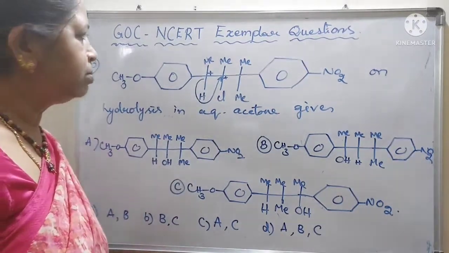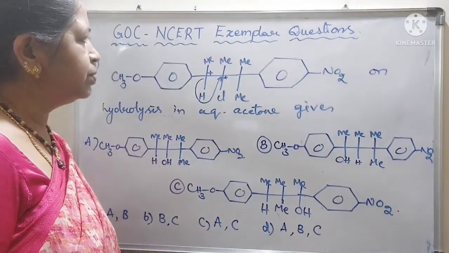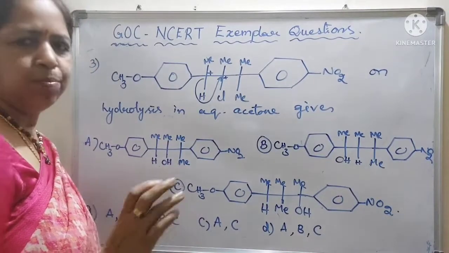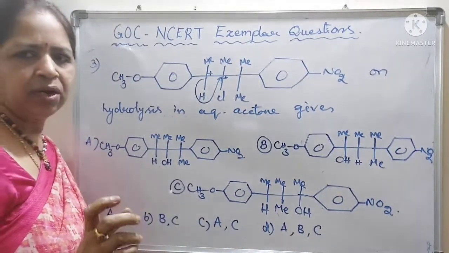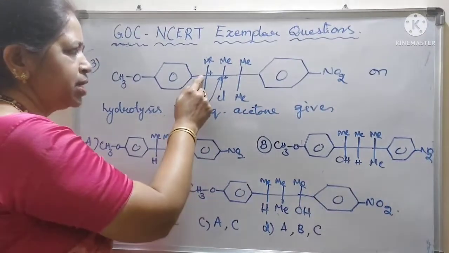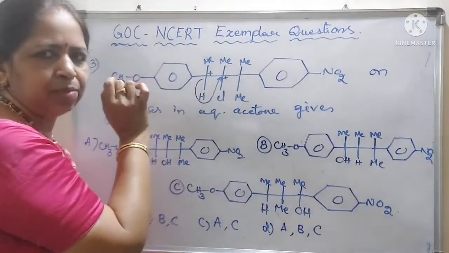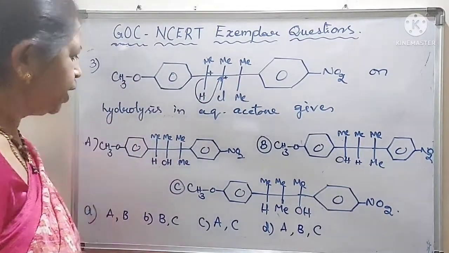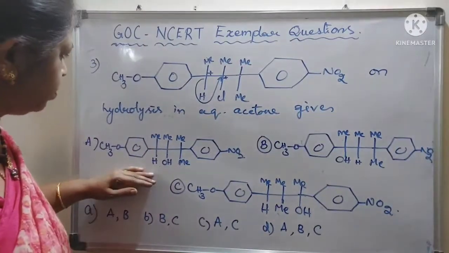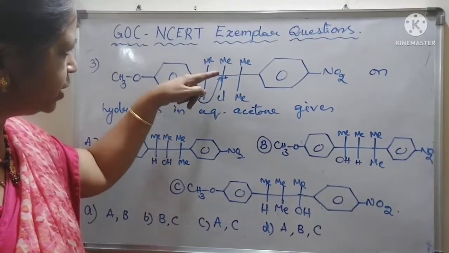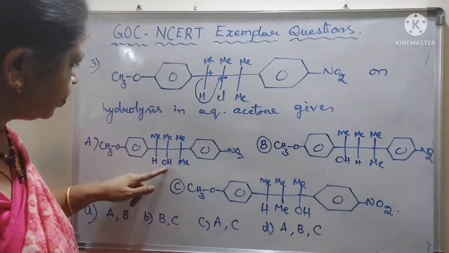So it forms a mixture of compounds in which the hydroxyl group is present at this carbon and also at this carbon. Okay, students. Now here in the first option, hydroxyl group is present in the middle carbon.